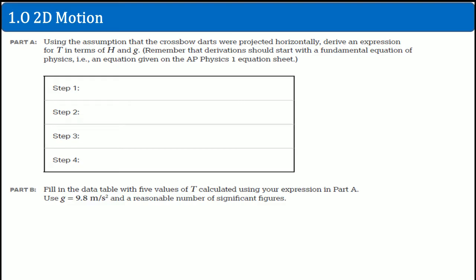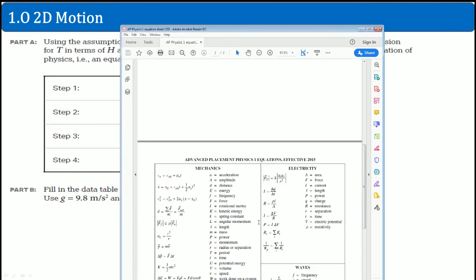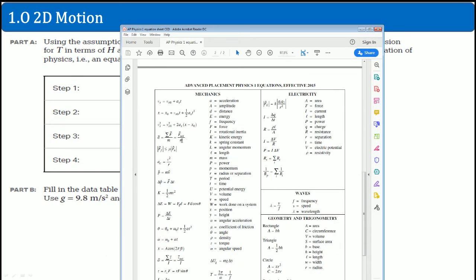Using the assumption of the crossbow dart being projected horizontally, derive an expression for t in terms of h and g. Remember that the derivation should start with a fundamental equation. So it should be one of these on our formula sheet.